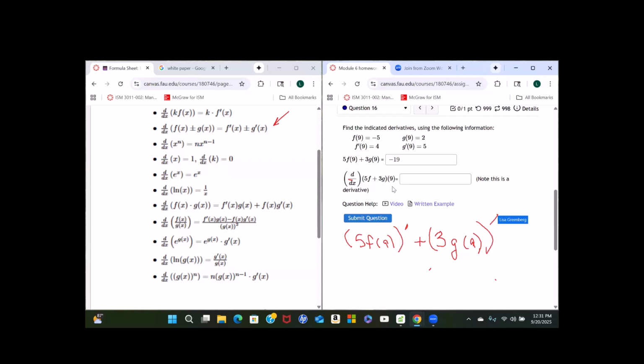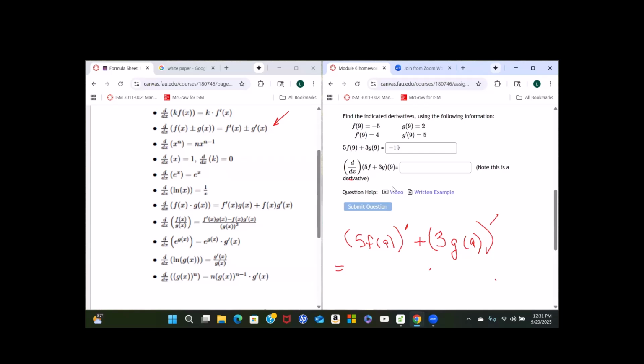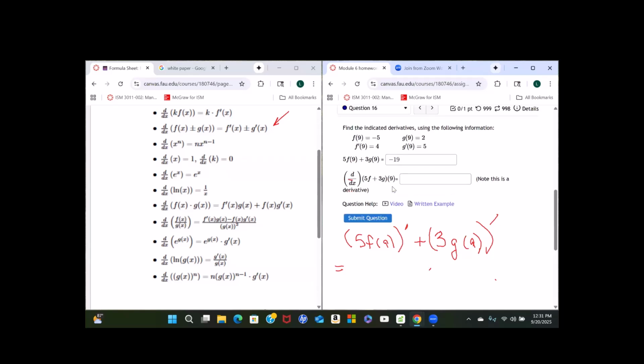If I were to rewrite this, I could say this is the same as what? 5 times f of 9, like that. You see how that makes that? We use the second one to separate them.